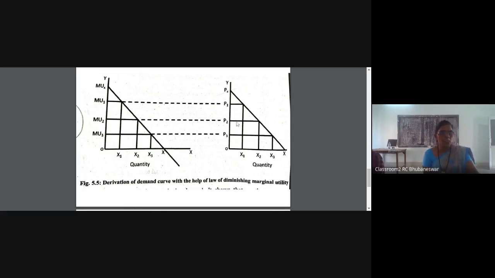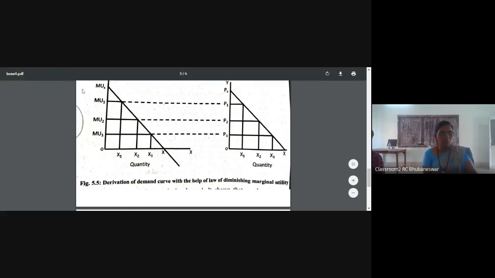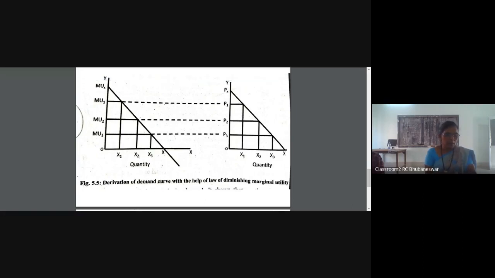From this diminishing marginal utility curve, the demand curve is drawn. The quantity demanded of a good increases; it is the law of demand. In the case of marginal utility, the same thing happens: it is diminishing in nature.